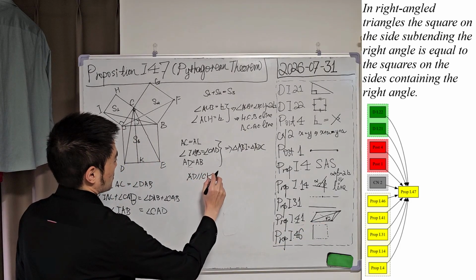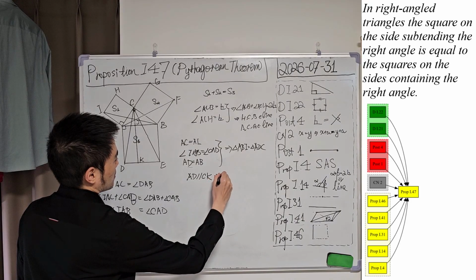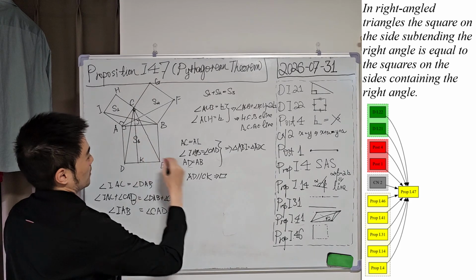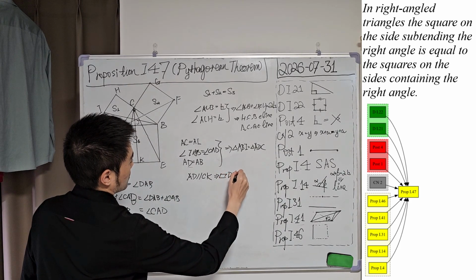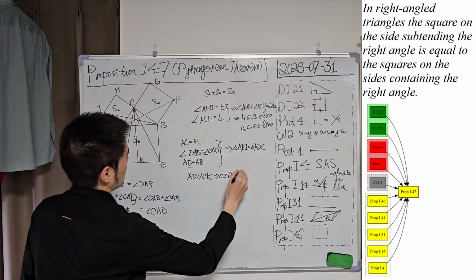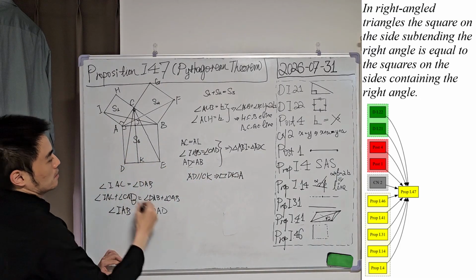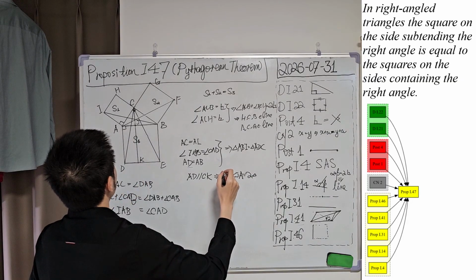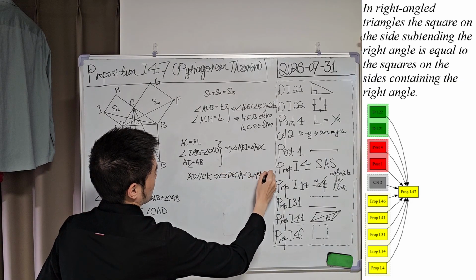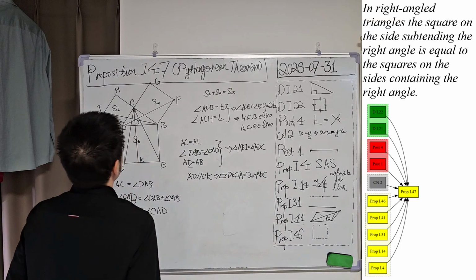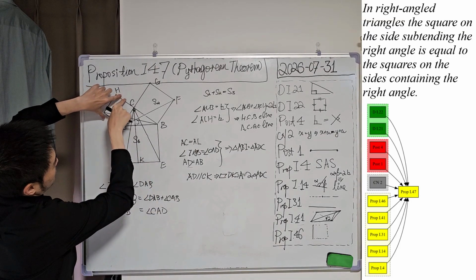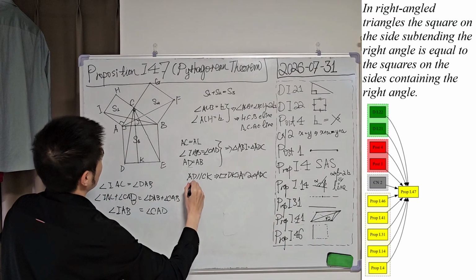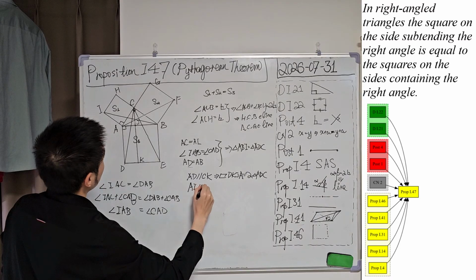Which means DKJA will be equal to twice the triangle ADC, correct?